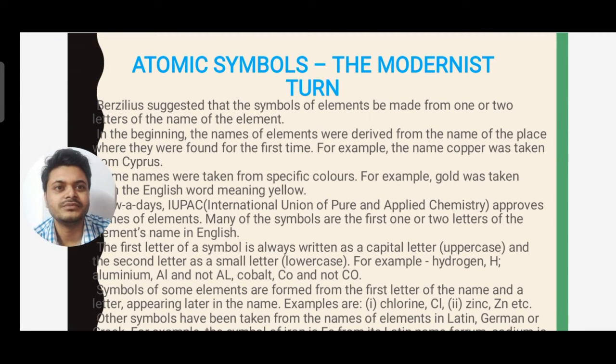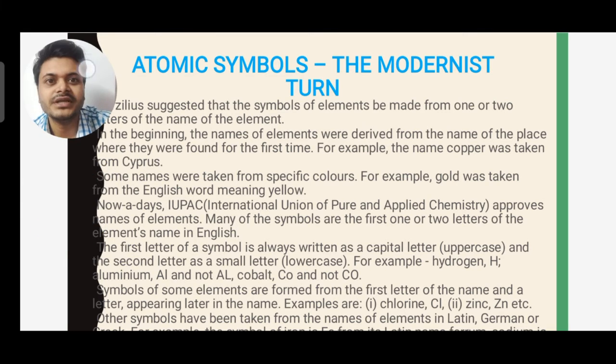So now let's see the atomic symbols, the modern turn. Berzelius suggested that the symbols of elements be made from one or two letters of the name of the element. In the beginning, the names of elements were derived from the name of the place where they were found for the first time.